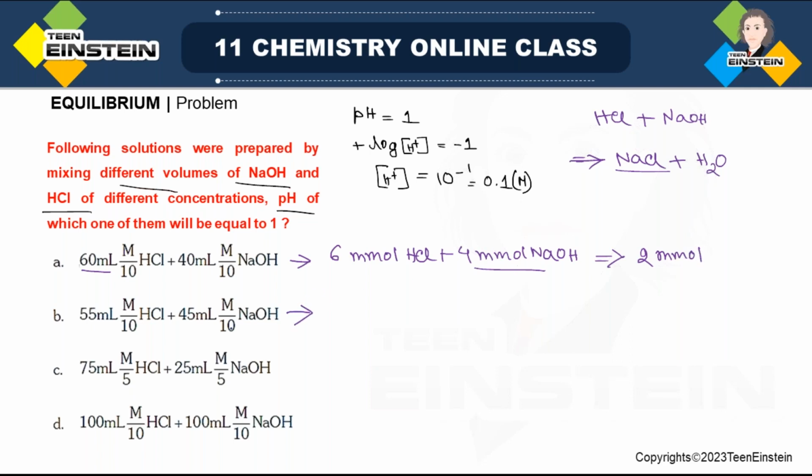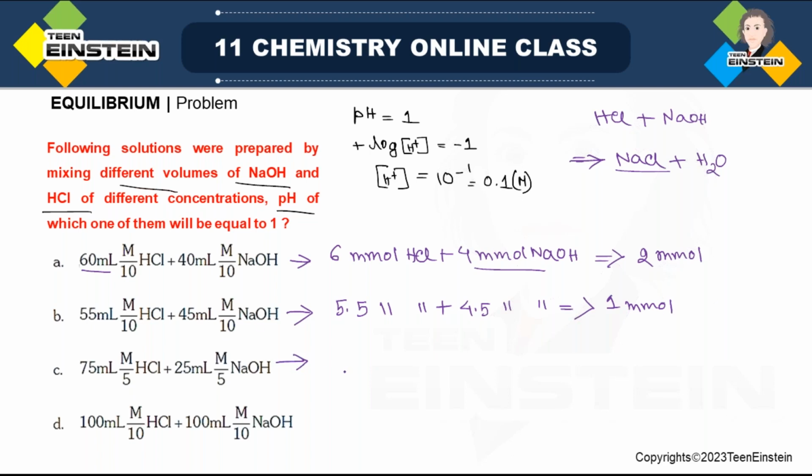Now the second one, in a similar way, is 5.5 millimole of HCl and 4.5 millimole of NaOH. Again, all NaOH will be consumed and some extra HCl will be there, which is 1 millimole, right?